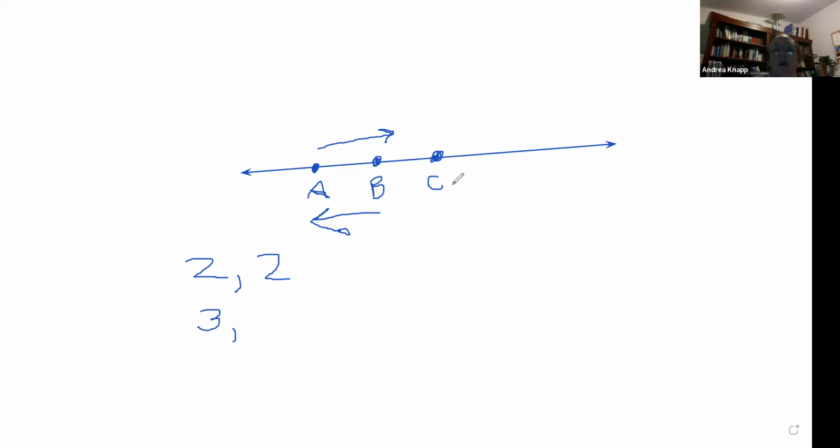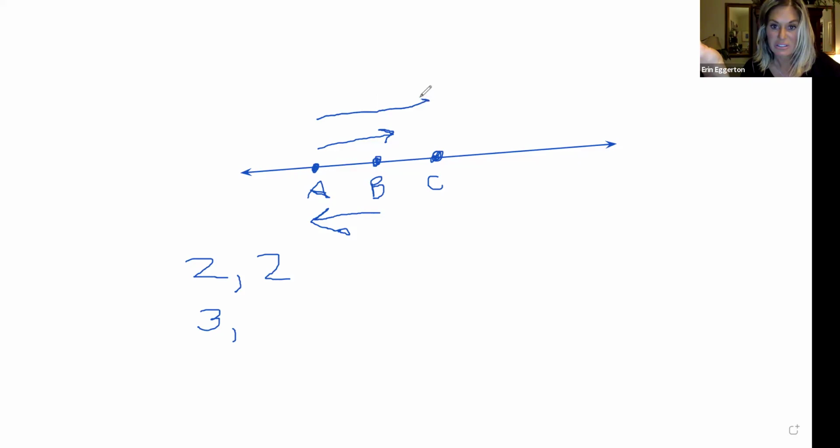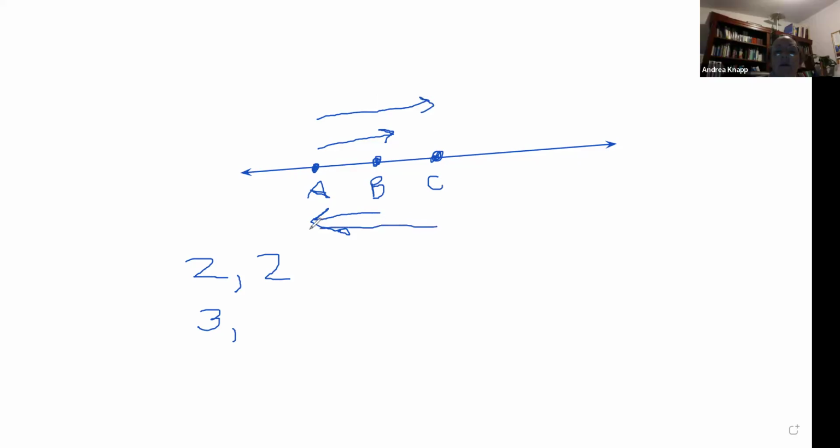Yep, AC is 1. And then CA is another. BA is another. And then to start at B, you could do BA and BC.